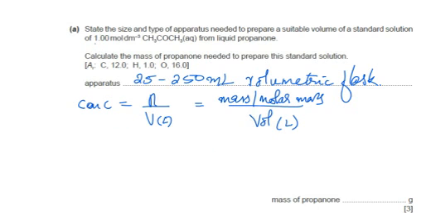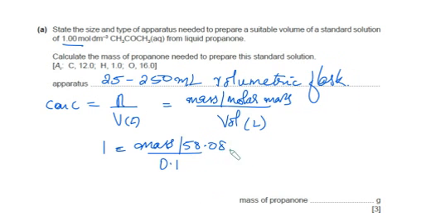Concentration is 1, that's equal to mass, which is what we are asked to calculate, over molar mass. Molar mass of acetone is 58.08. Volume of the solution in liters, it has to be in liters. Let's assume that we are using a 100 ml standard flask. 100 ml will be 0.1 liters.